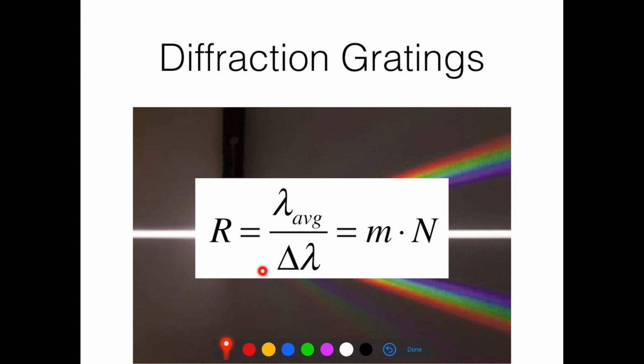The bottom is the difference between the two wavelengths, all right? M is going to be the order of diffraction, right? So this is the first order of diffraction. If I go out, you could see in the image before that there's a little bit of color out here at the second order. So if you go out to the second order, you could put a 2 there, right? And then the capital N is the number of slits that are illuminated, all right?